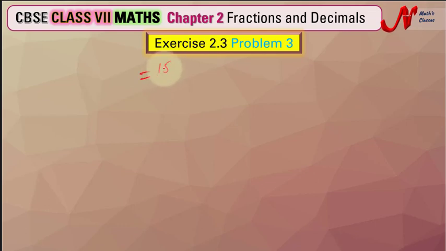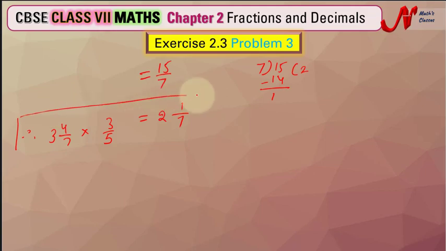Here 15 by 7 is an improper fraction, which can be written as a mixed fraction by dividing numerator 15 with the denominator 7, 7 twos are 14, by subtracting we get 1, which is equal to 2 1 by 7. Therefore 3 4 by 7 into 3 by 5 is equal to 2 1 by 7.